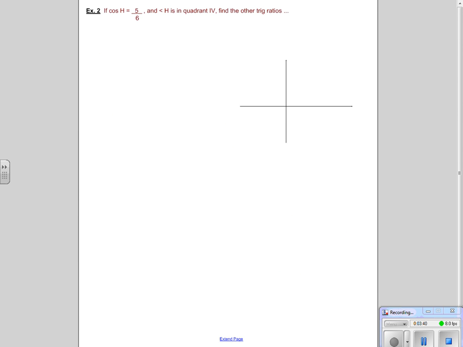If cos h equals 5 over 6, and h is in quadrant 4, so quadrant 4 is here. Sorry, 1, 2, 3, CAST rule. There we are. And our angle of rotation is in quadrant 4.